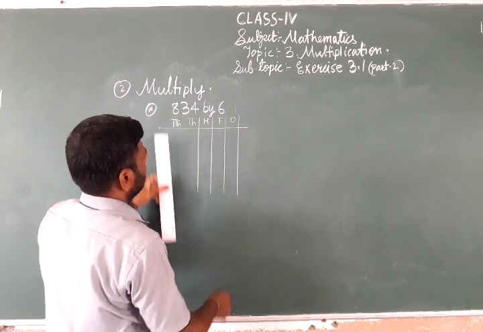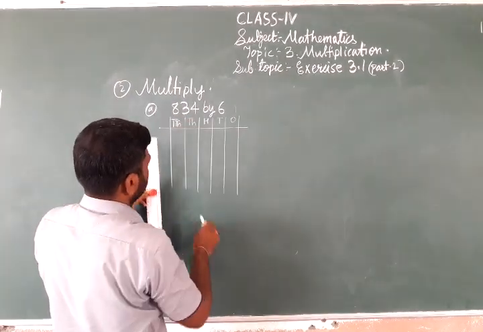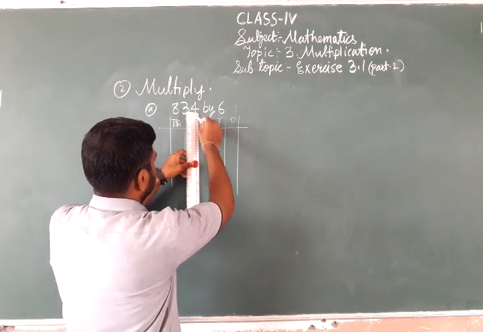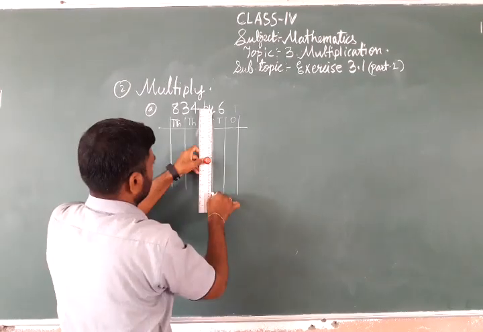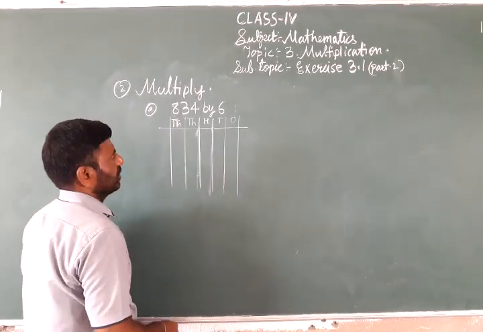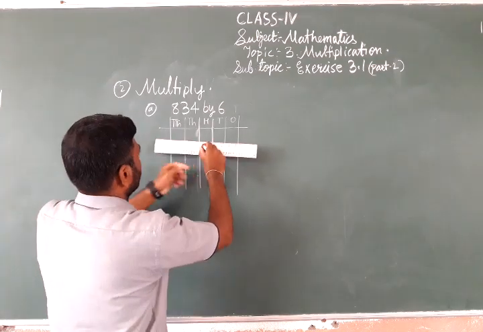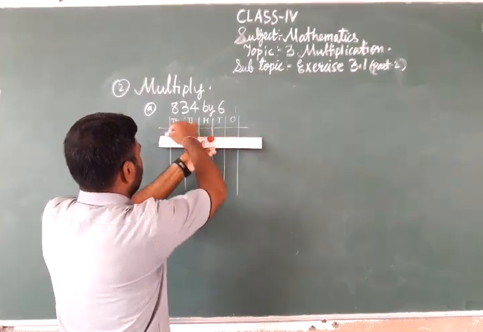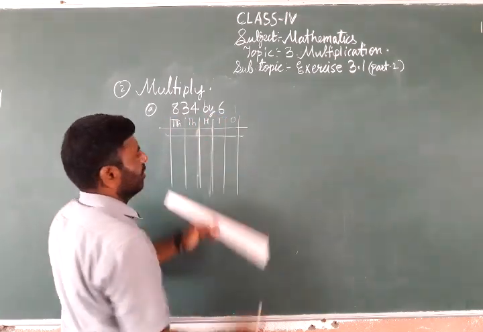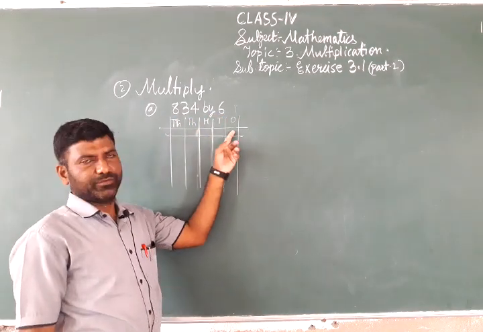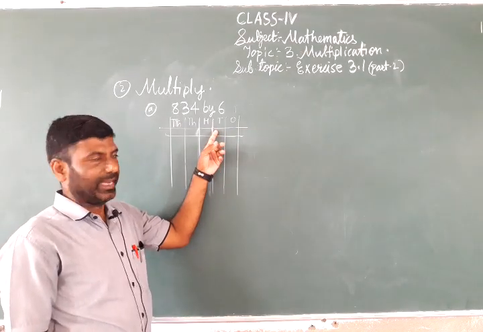You can write 834. Before that, leave one line for this and one line for carrying here.